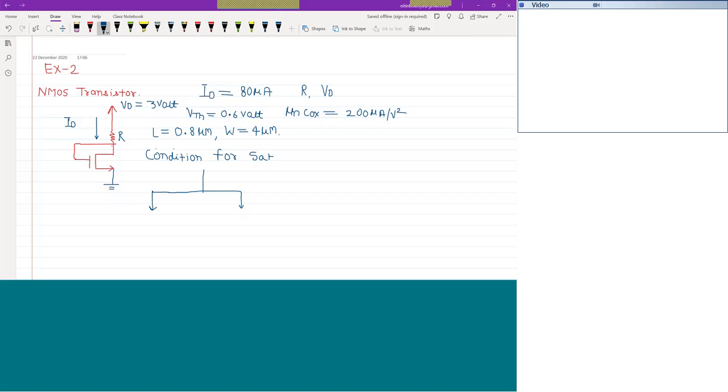What is the first condition? VGS should be greater than VTH. And what is the next condition? VDS should be greater than or equal to VGS minus VTH.